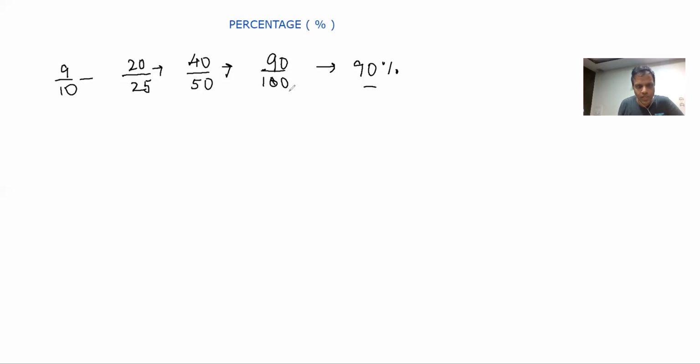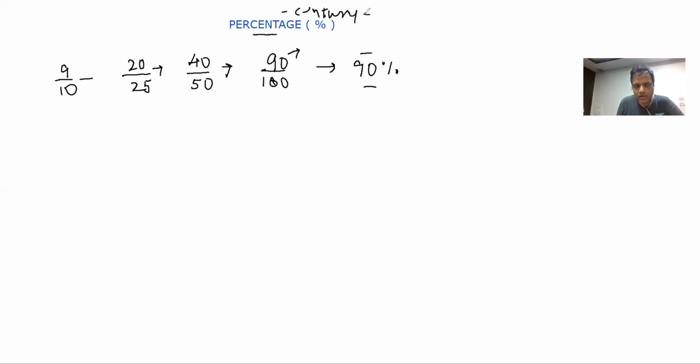Basically, when you are scoring out of 100, the number itself is the percentage, as you can see. Why? Because the word percentage itself has got the word called cent, and cent means century.